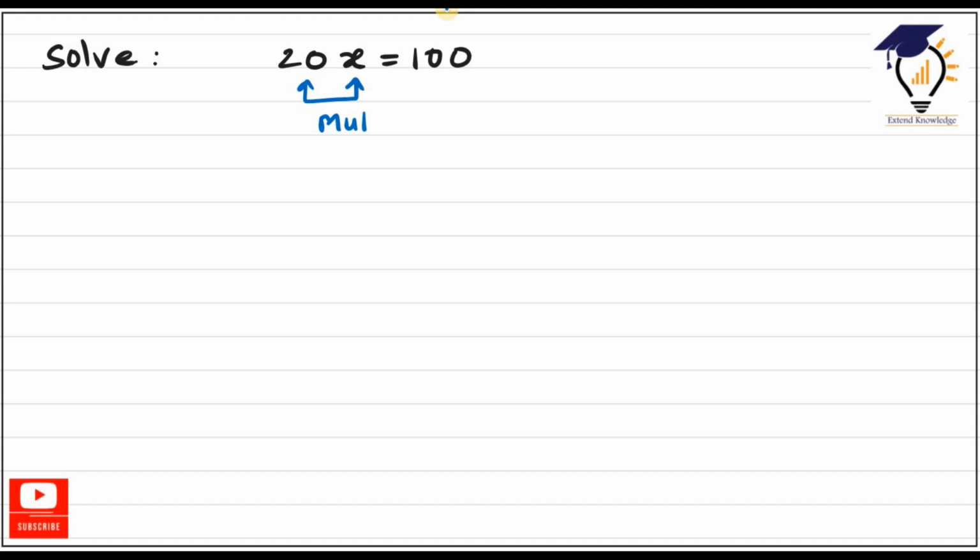As we already know the undo operations of multiplication and division, if both are in multiplication, we have to take the inverse operation, which is division. So what do I have to divide with in order to get the variable x here? There is a coefficient of x, and whatever the coefficient of the variable is, that has to be taken out to get the variable. So let's see that.